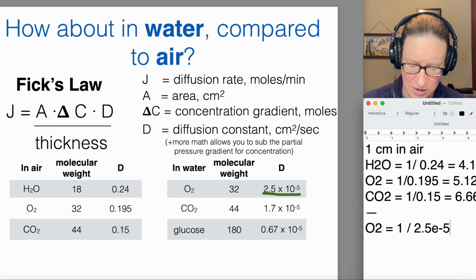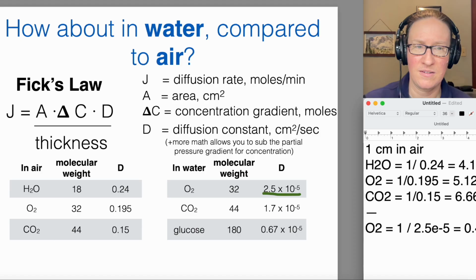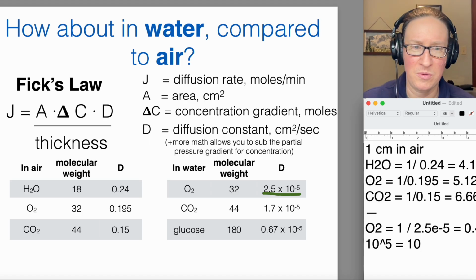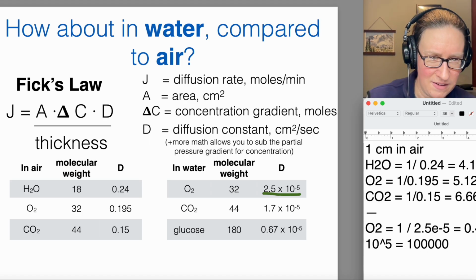So 1 divided by 2.5 gives us 0.4 times 10 to the fifth. And 10 to the fifth is, let's see, 1, 2, 3, 4, 5. Did I do that right? 1, 2, 3, 4, 5, right?